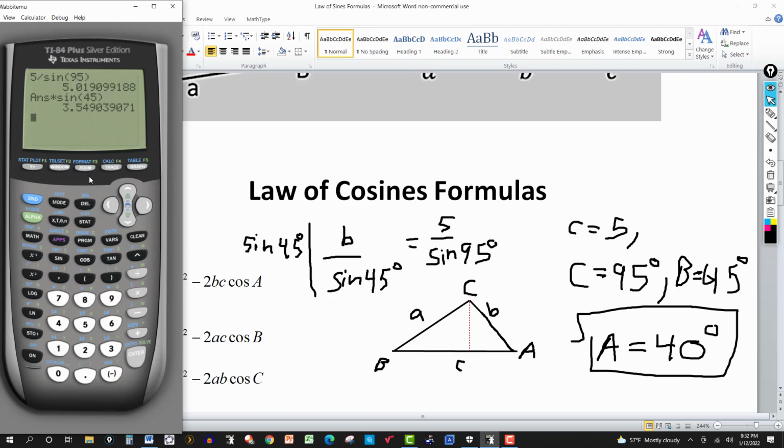So that tells me that B, if I run this out to two places, 3.54, then a 9, so 3.55. So let me just say that side B is equal to 3.55. That's the two decimal places.